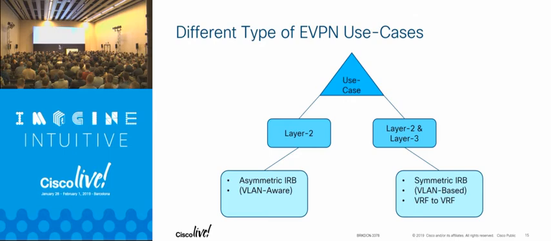So in EVPN, when we look at the L2, L3 approach, there's something called symmetric IRB. I'm going to explain what it is. It's integrated routing and bridging in a symmetric fashion. There is another piece which is called VLAN-based, so a VLAN-based approach of creating, let's call them, layer 2 VPNs to start with. And then there is a VRF to VRF routing option.